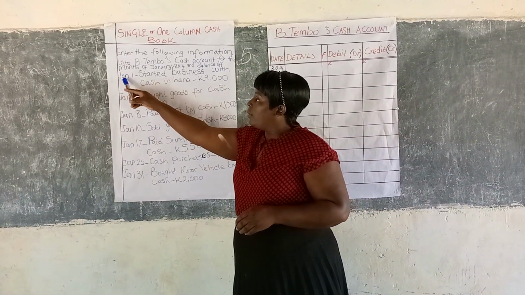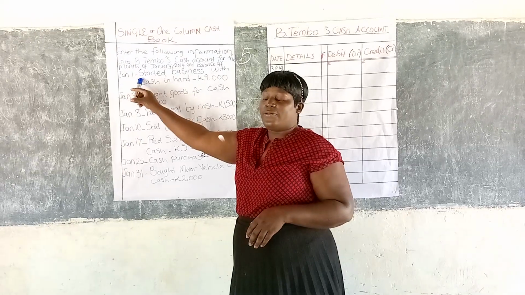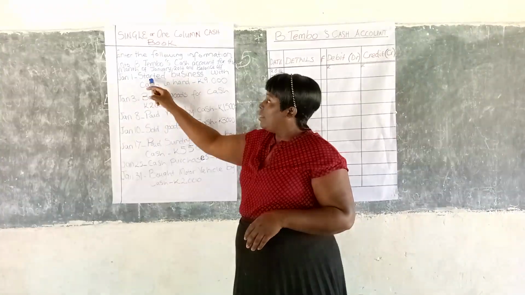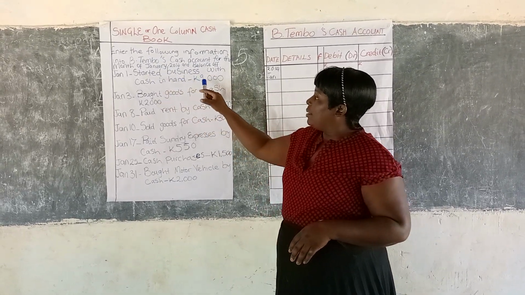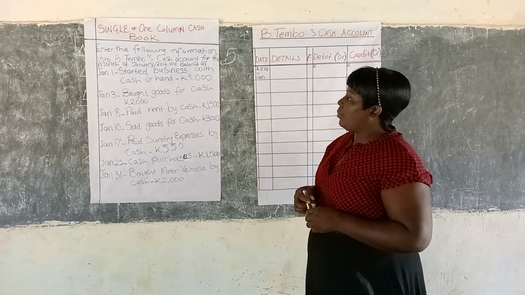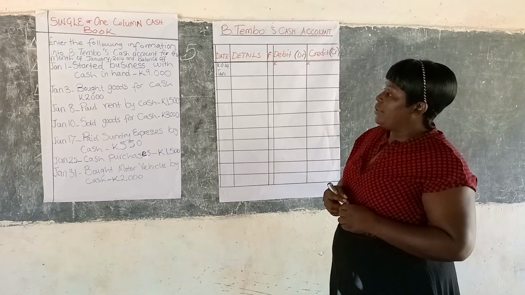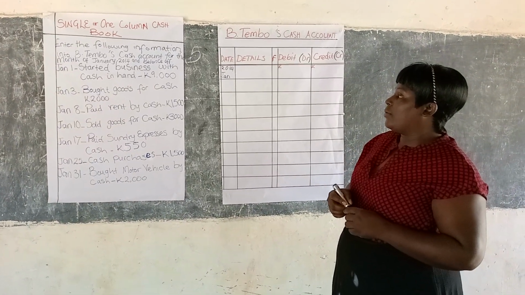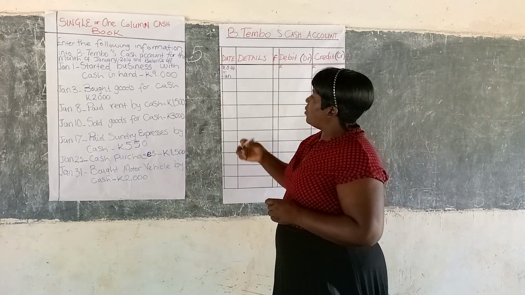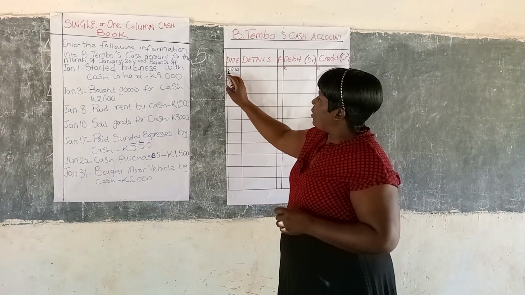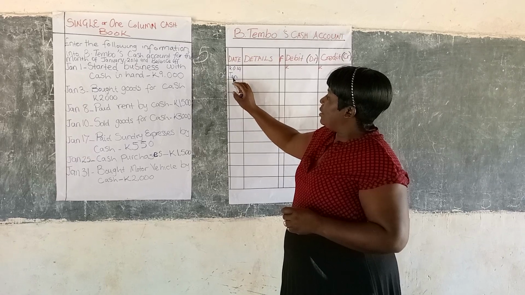We have the first transaction which happened on 1st January. It states, started business with cash in hand 9,000 kwacha. So B Tembo started business with cash in hand 9,000 kwacha. So you come to the table, you record the date, the year was 2014, then January 1.